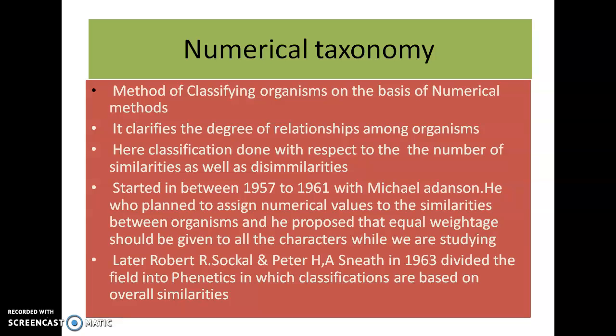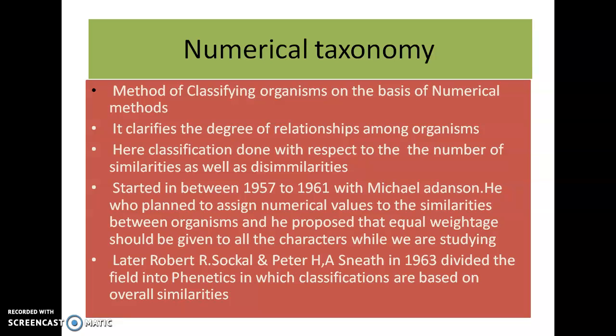This particular branch started in 1957 to 1961 with the initiative of a famous scientist called Michael Adanson. He planned to assign numerical values to the similarities between organisms, and he proposed that equal weightage should be given to all the characters while we are studying.